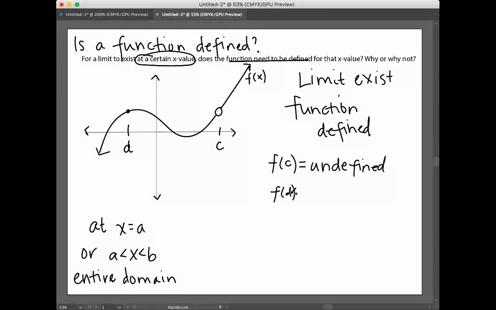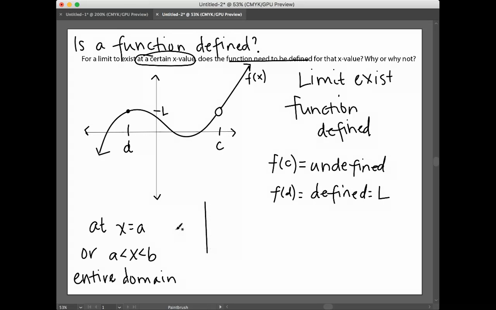So it's undefined at c, but it is defined at d, whatever it happens to be. It's a number. It's whatever this y value is right here. Let's call it L. So f of d would equal L. So the function is undefined at c because of the hole, but it is defined at d.